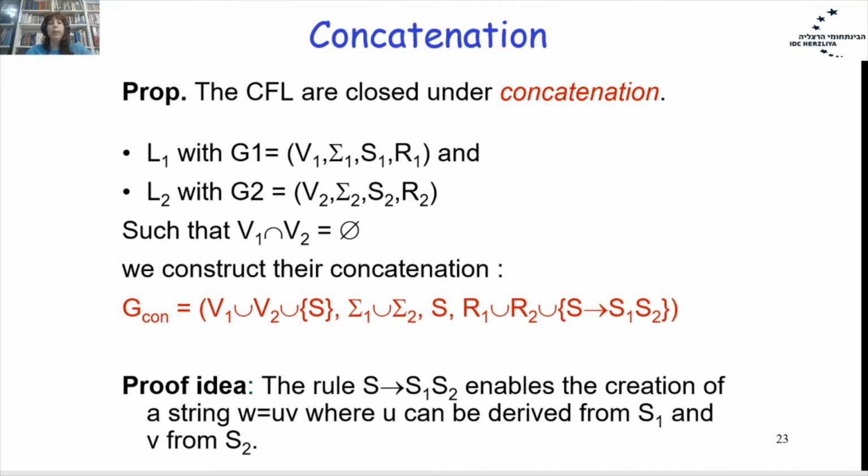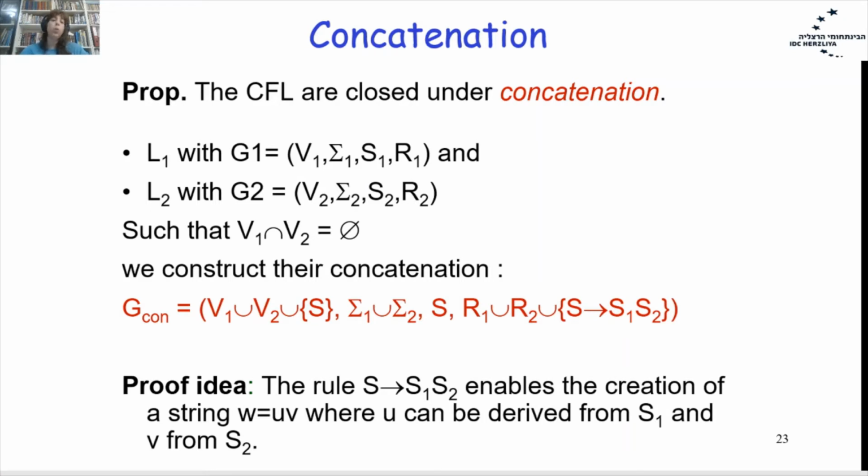We are given L1, a context-free language, with its grammar G1. We are given L2, a context-free language, and its grammar G2. Once again, we assume that the intersection between V1 and V2 is an empty set. So we use different variable names and we can construct the grammar of concatenation in the following way.